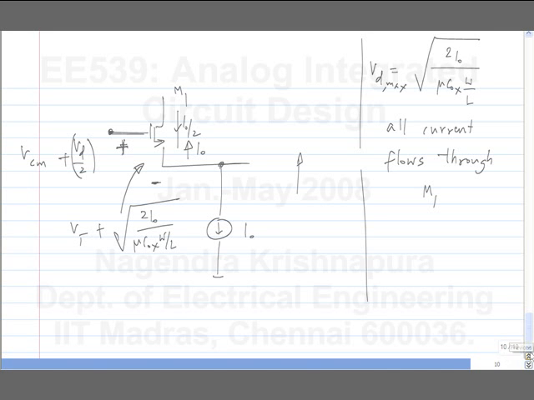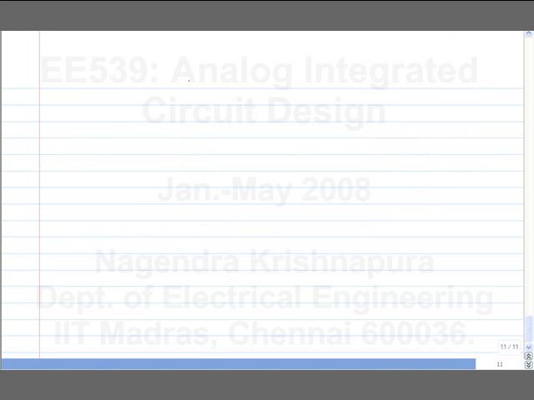So the next thing is to calculate VO1 and VO2. Equivalently, we can also calculate the individual drain currents, I1 and I2, and plot them against Vd. Okay. What are I1 and I2 for Vd equal to 0? I0 by 2. Both of them are equal and equal to I0 by 2.